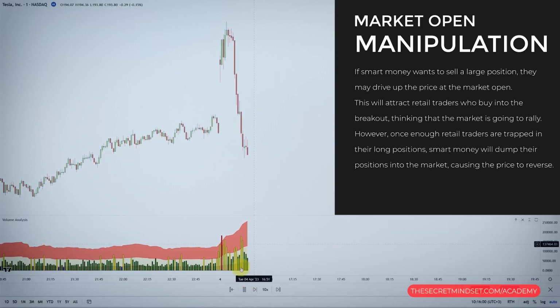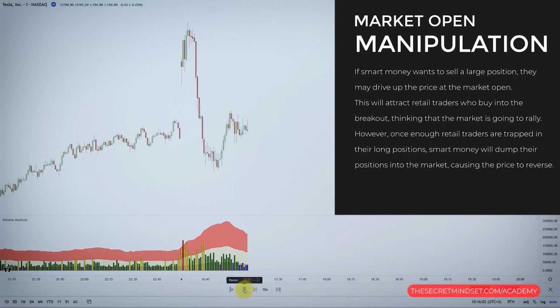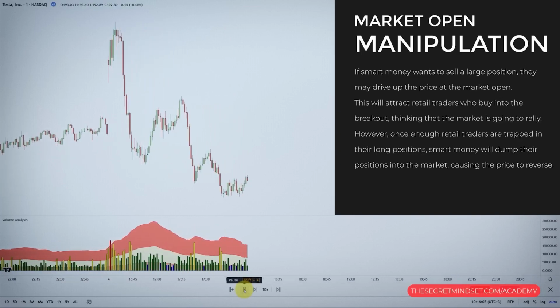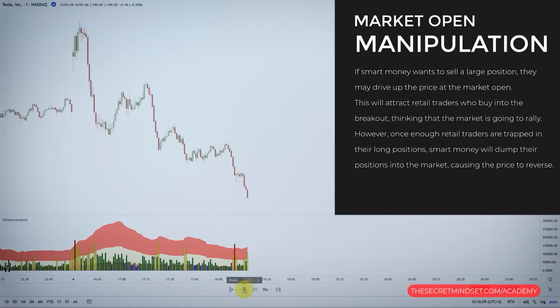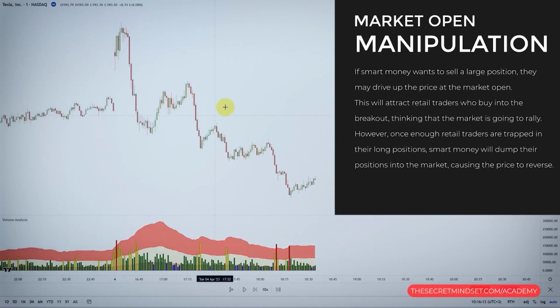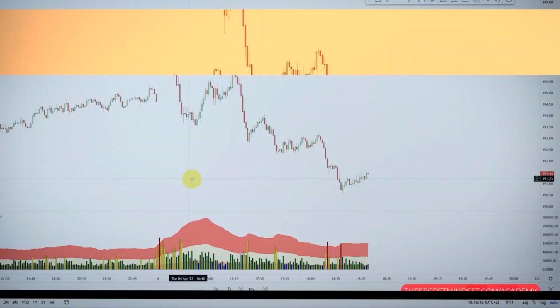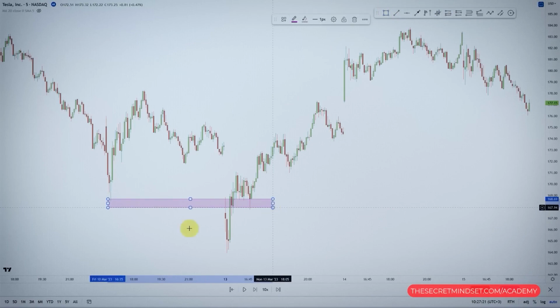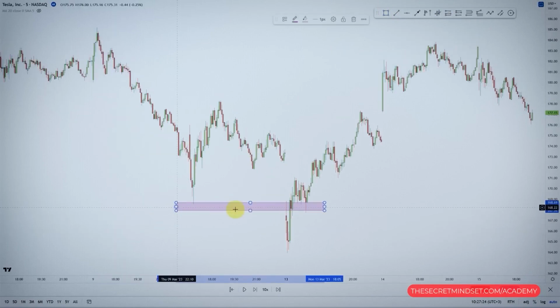However, once enough retail traders are trapped in their long positions, smart money will dump their positions into the market, causing the price to reverse. This will trigger stop-loss orders and panic selling from retail traders. There are many types of market open manipulation that smart money can use to trick retail traders.